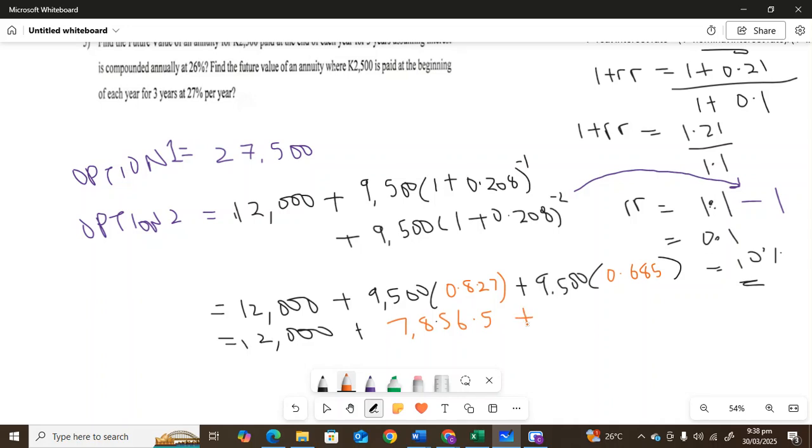plus 9,500 multiplied by 0.685, 6,507.5. So the 9,500 which we're going to pay in year two, today's value is 6,507.5.